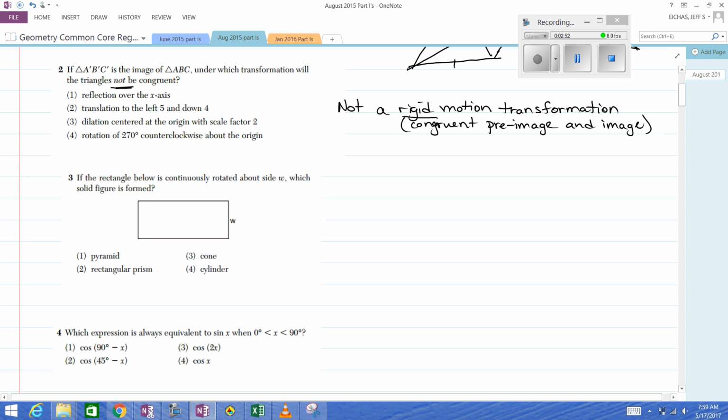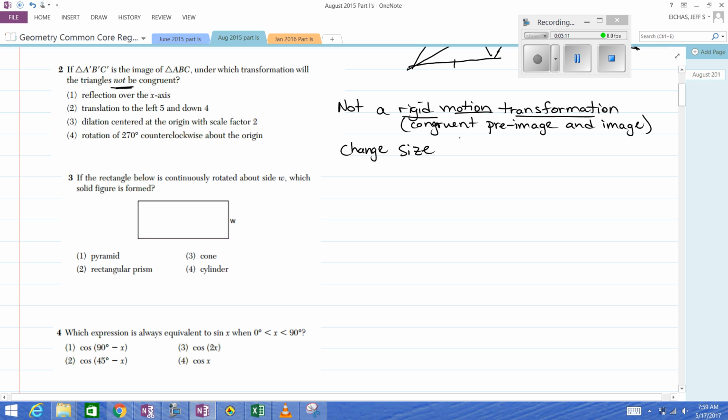Okay, that's all this means. The list is, you've got line reflection, point reflection, rotation, and translation as the rigid motion transformations. The only ones that will change size are going to be stretch and dilation.